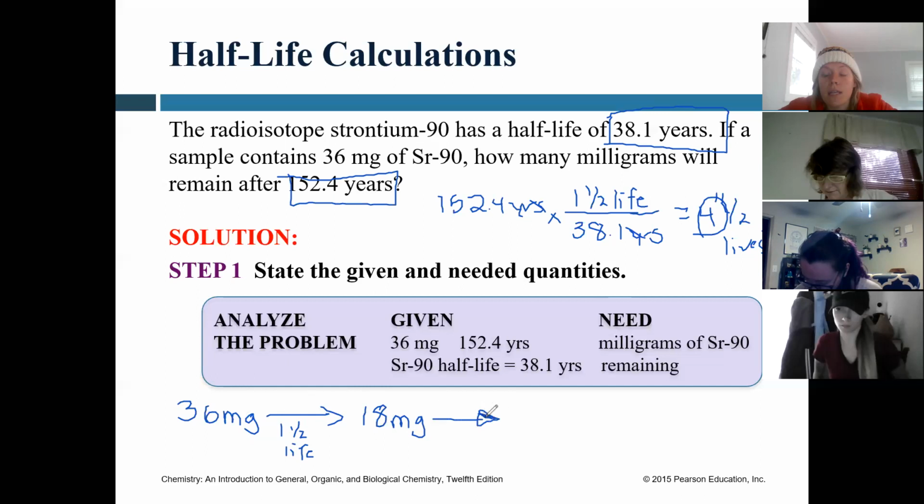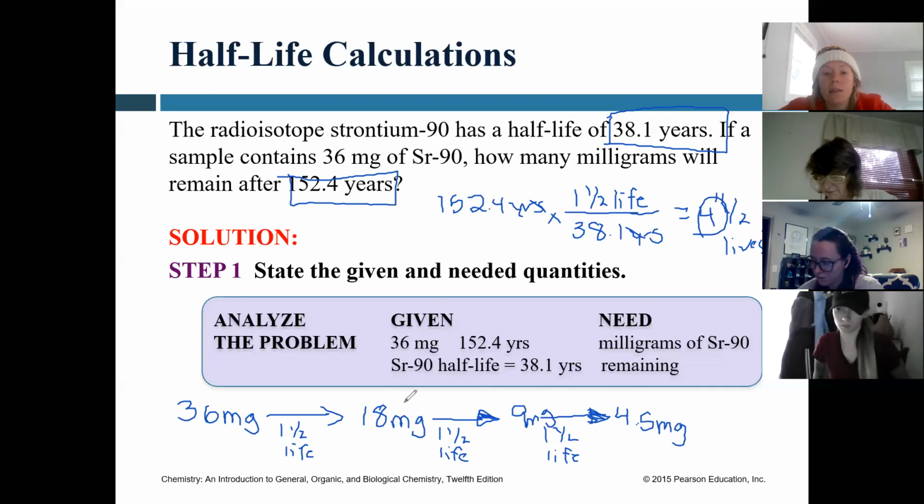Another half-life: 18 will now become 9. We take the 18 and cut it in half. We're not there yet. We've got to go through another half-life. 9 will become 4.5 milligrams. Sorry, I'm ditching my units. And then we need to go through one more half-life.